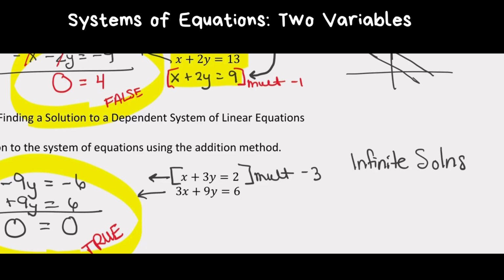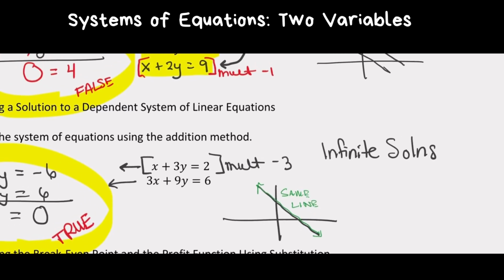It also means that if we graphed them, here's one of them, and here's the other one. It is the same line, okay? So when it's the same line, we can say that the solution is, there's two different ways we can write this, okay?